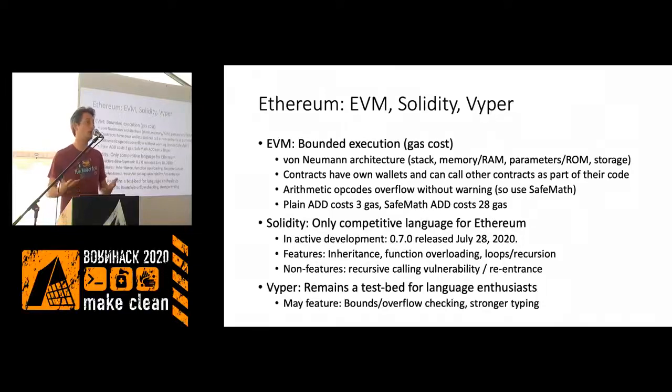And what you can do instead is use libraries that add safety on top. As an example, the cost of doing this after the fact is that normally if you want to add two numbers, it costs 3 gas, whatever gas is. And wanting to use the safe math library for the same operation is some factor higher, about factor 10.